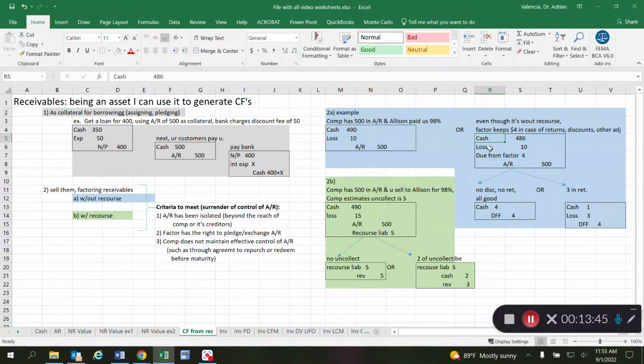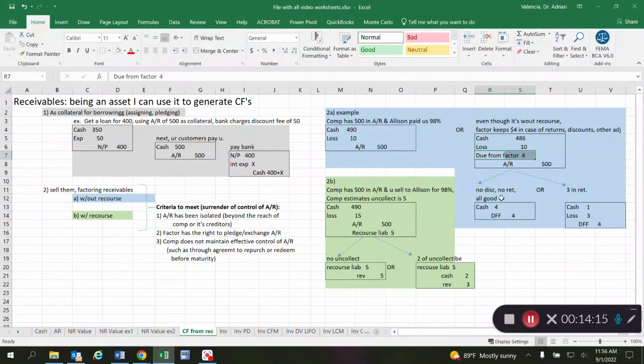So the way we would deal with that is with this account, due from factor, and this is a receivable. So we have a receivable from the factor because they're keeping those $4, and everything else stays the same. You reduce the accounts receivable for the same 500. The loss is still $10, but the only difference is that you're going to receive right now a check for $486 instead of the $490. And then that extra $4 you may get in the future.